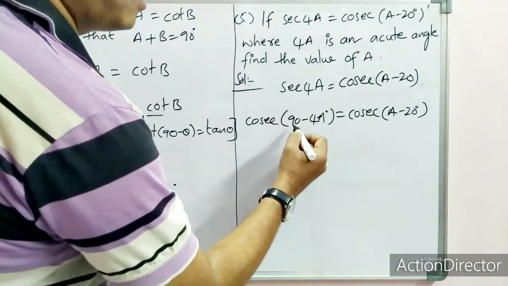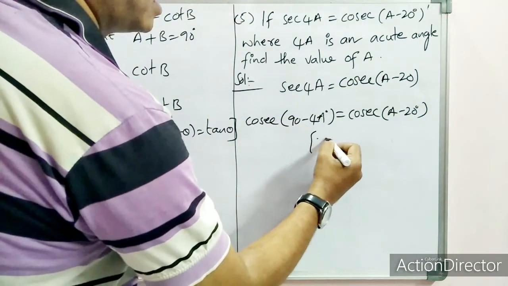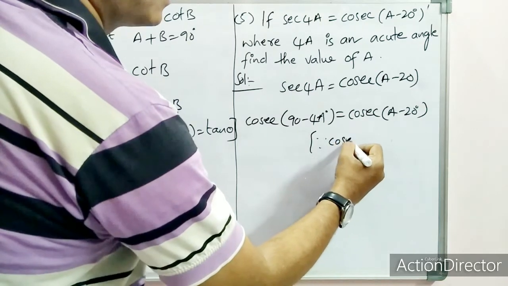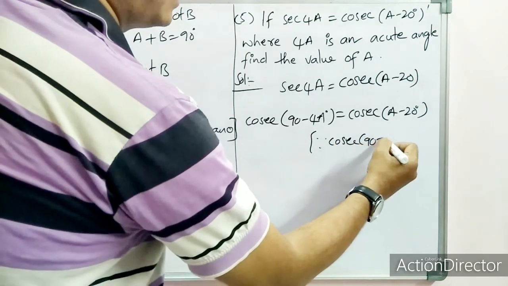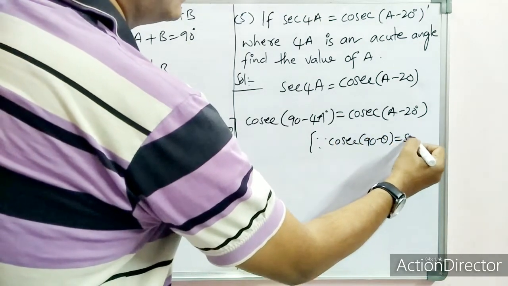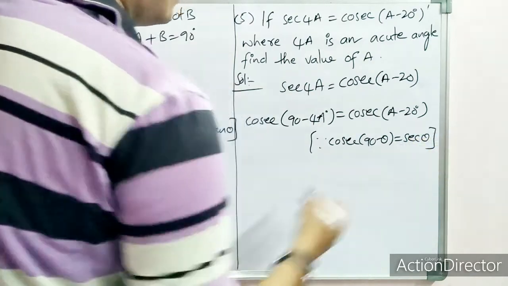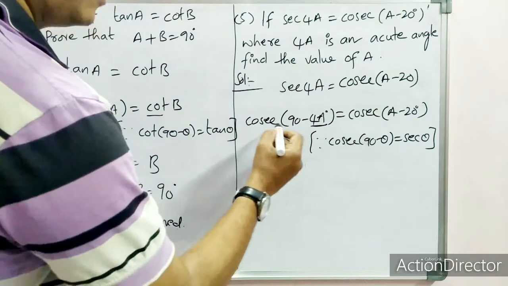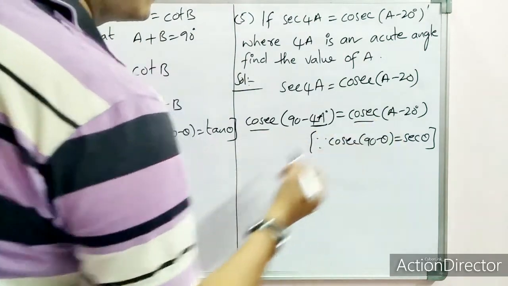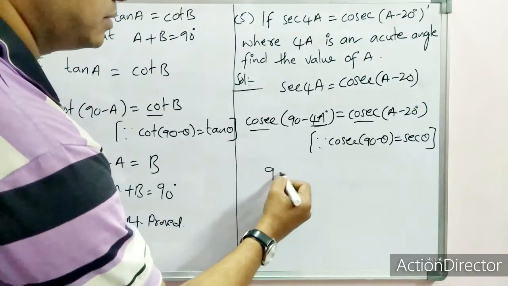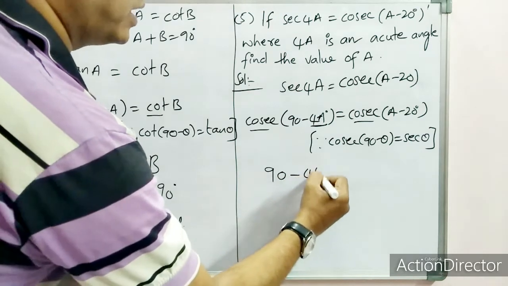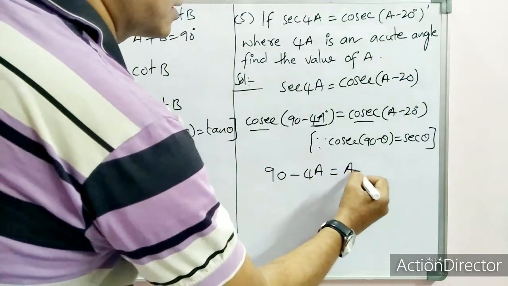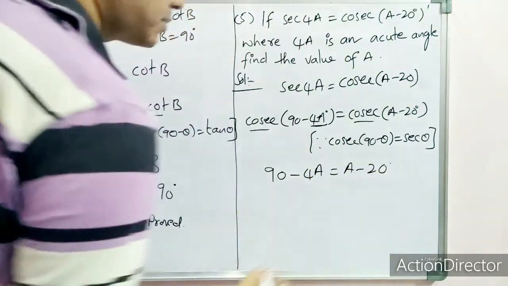See what formula we have here. The complementary formula is cosec (90 minus theta) is sec theta. So cosec (90 minus 4a), with 4a as theta. Now both sides have cosecant, so compare: 90 minus 4a equals a minus 20.